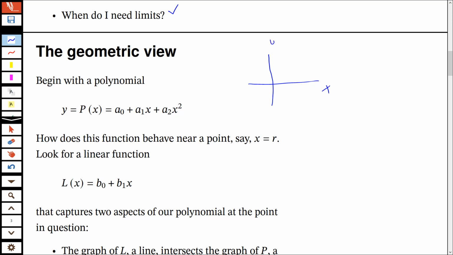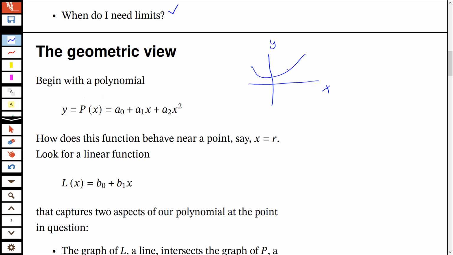On the y-axis we have the dependent variable, so y depends on x, and the relationship between these two is a function p. So p is the function. Don't confuse this p with this y, because this is the variable and this is the function. Now if you plot this, it may look something like that depending on these coefficients.